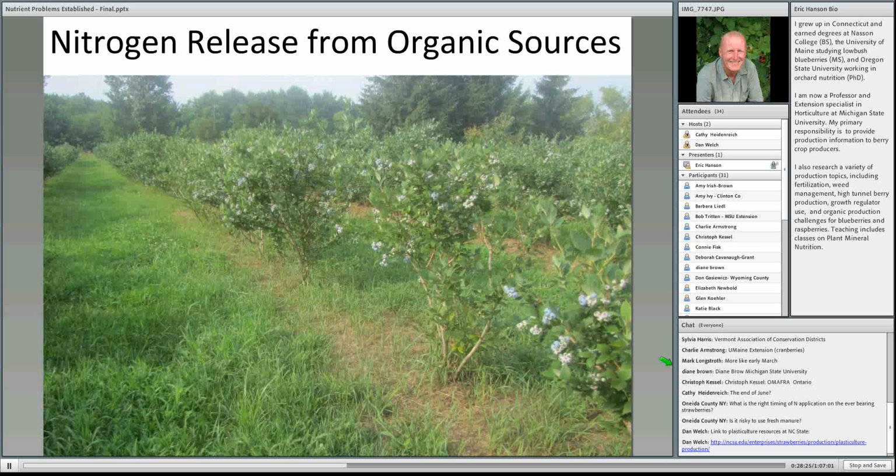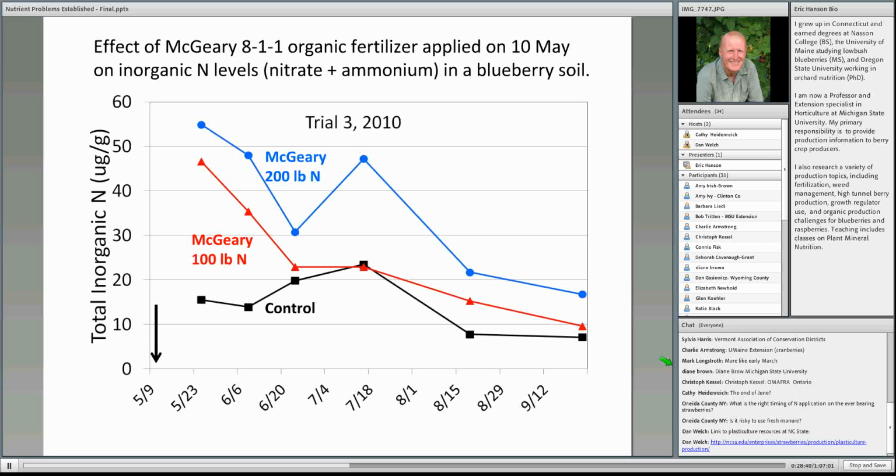We've done a little bit of work with nitrogen release from organic sources in organic blueberries in Michigan, and I wanted to show you some of those data just because they illustrate the release pattern for some of these organic fertilizers. These are the same material at two different rates.